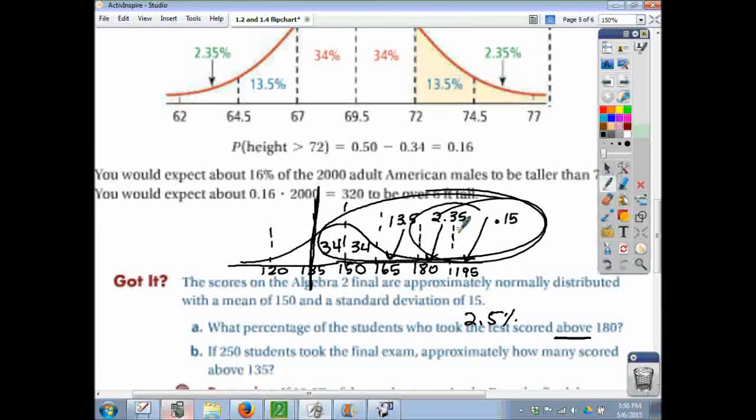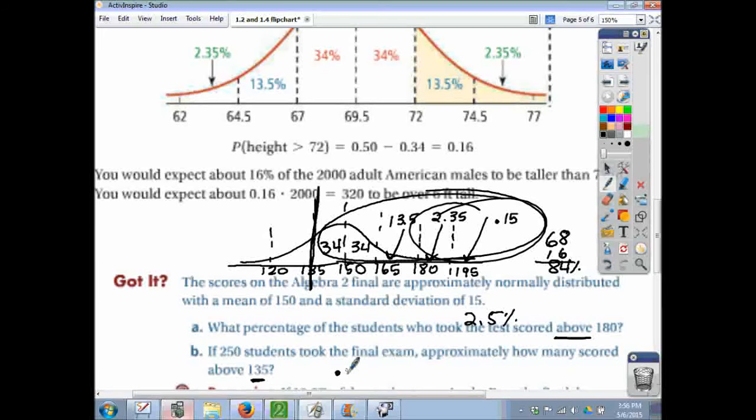So this is just giving us the percentage here. So this is, let's see, 2.5 plus 13.5, that's 16. 16 plus 68. This is going to be 84%. So 84% of the students who took this test scored above 135.